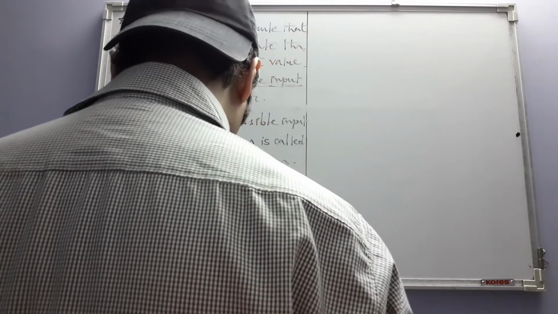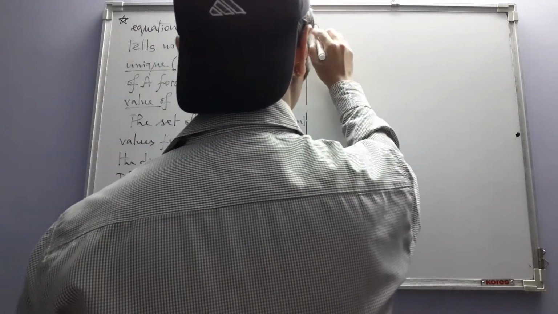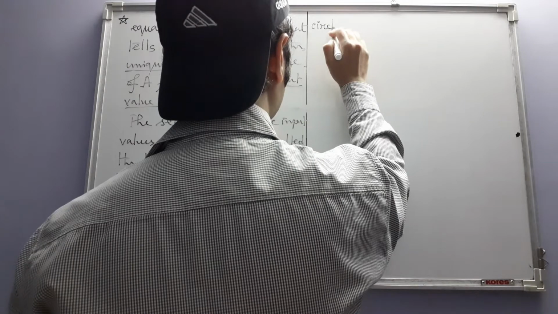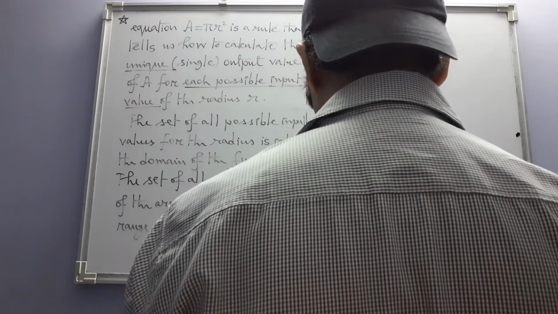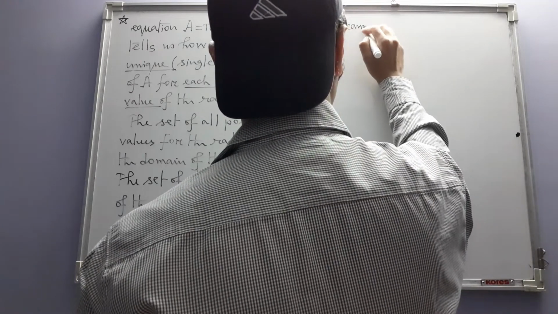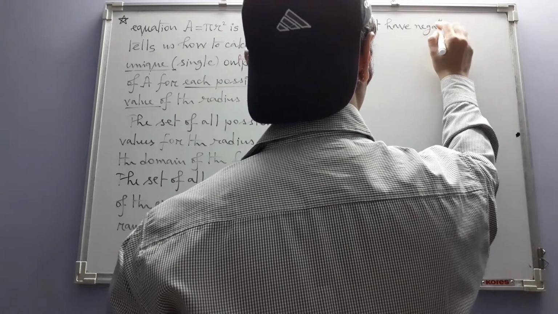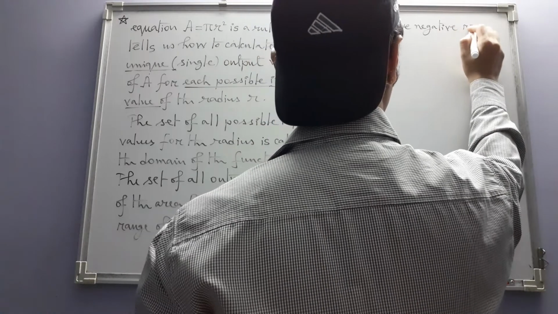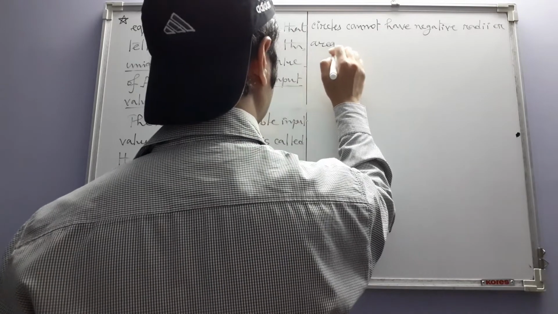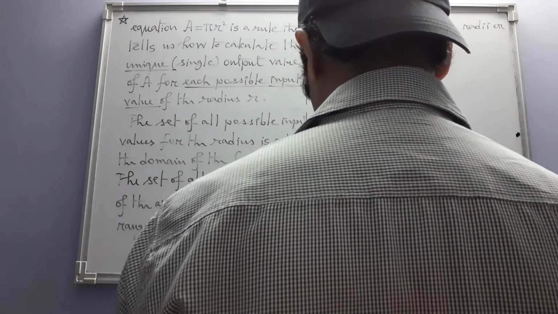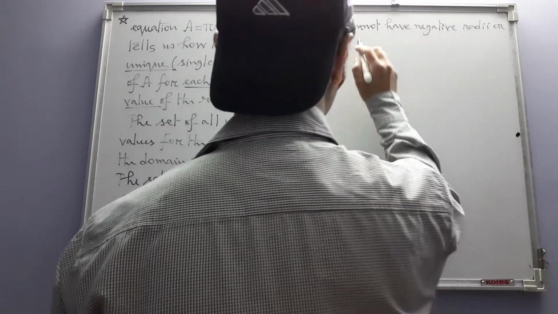So that's what the authors say, since circles cannot have negative radii or areas, the domain and range of the circle area function are both this interval.